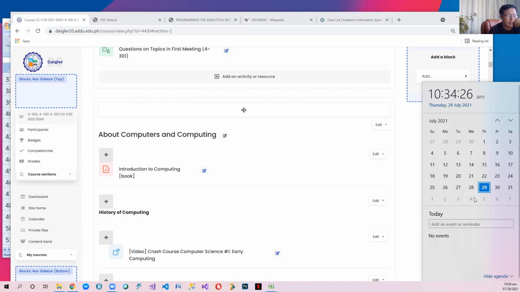The schedule for the second batch is either 3 or 4. So I will meet the other group. I will meet you here to discuss. So what we will do next week is we will meet on the 3rd, but we will not meet on the 5th. Do you follow? Or we will not meet on the 3rd because I may have my orientation here.